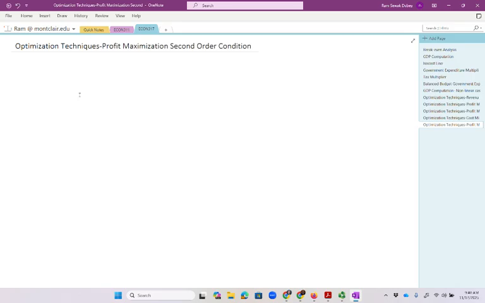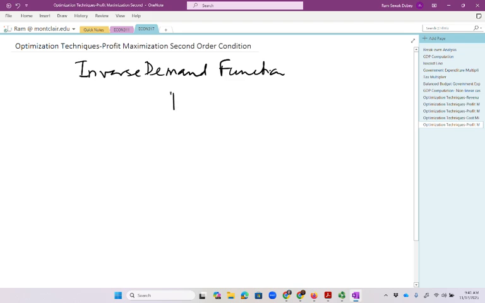So let's start with the information that the inverse demand function is given to be price equal to 70 minus 5 times Q. P is the price, Q is the quantity.